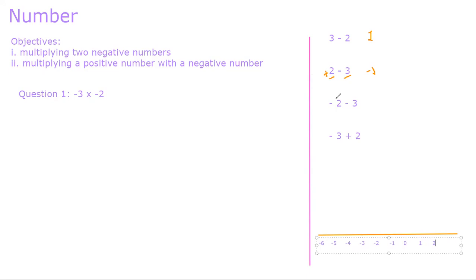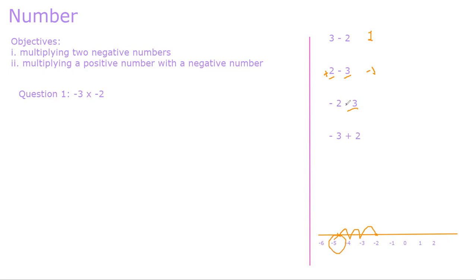If you want to subtract minus 3 from minus 2, we start from the point at minus 2, and as it is minus 3, we jump 3 steps on the left side. So minus 5 would be the answer.